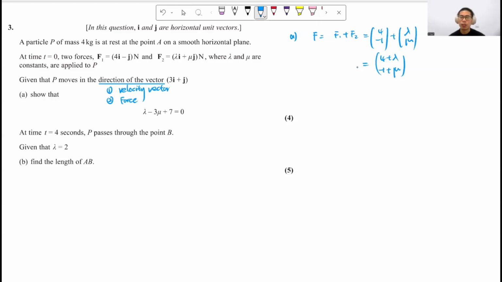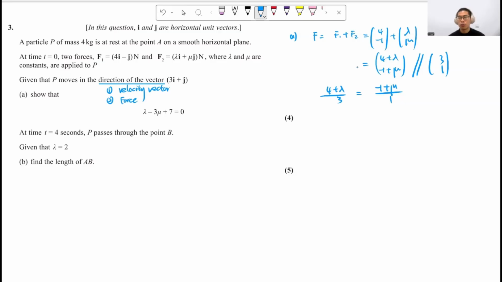So that's why we find the vector for the resultant force first. And then we know this force vector has to be parallel to 3i plus j because they are in the same direction. So if those two vectors are parallel to each other, we can just do 4 plus lambda divided by 3 equal to negative 1 plus mu divided by 1.